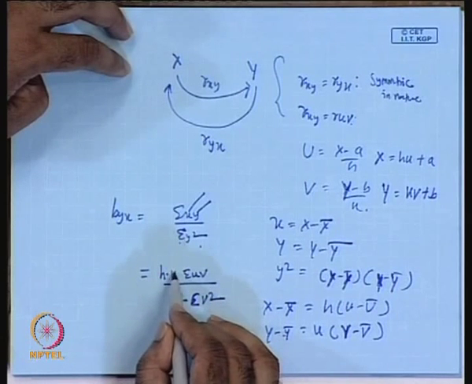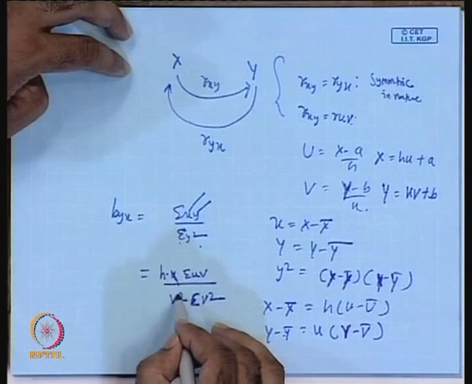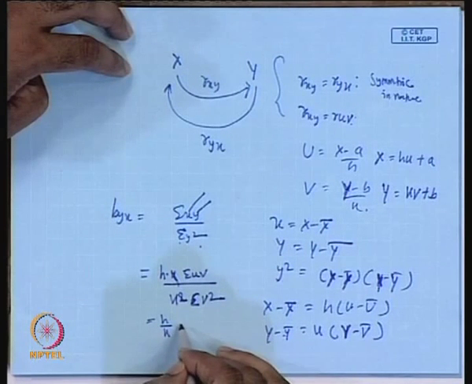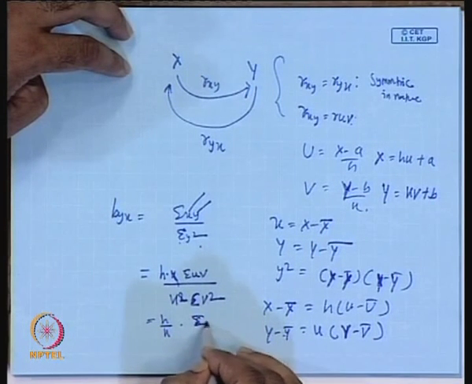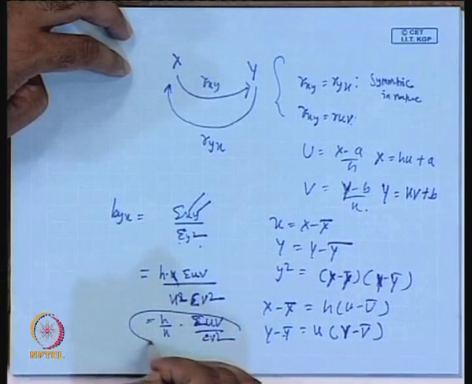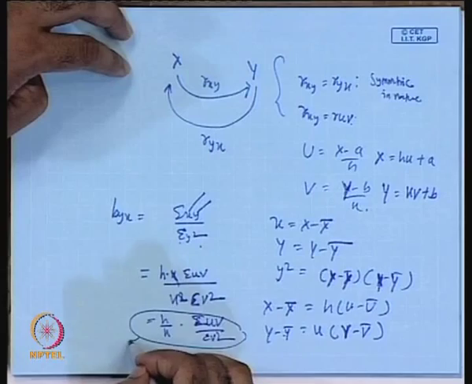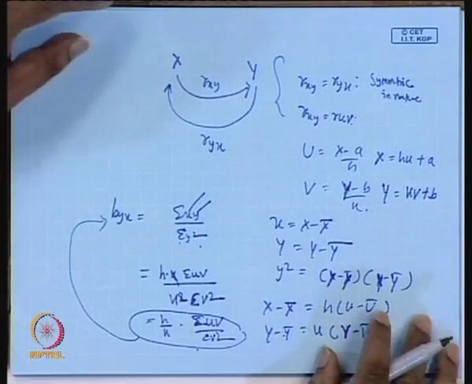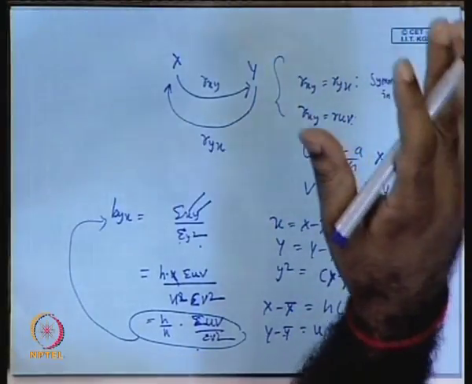So now this k cancels, and ultimately we have the factor h by k into summation uv by summation v squares. That means it is a clear-cut indication that the regression coefficient is independent of origin but not the scale. Similarly, you can also make a verification for bxy.